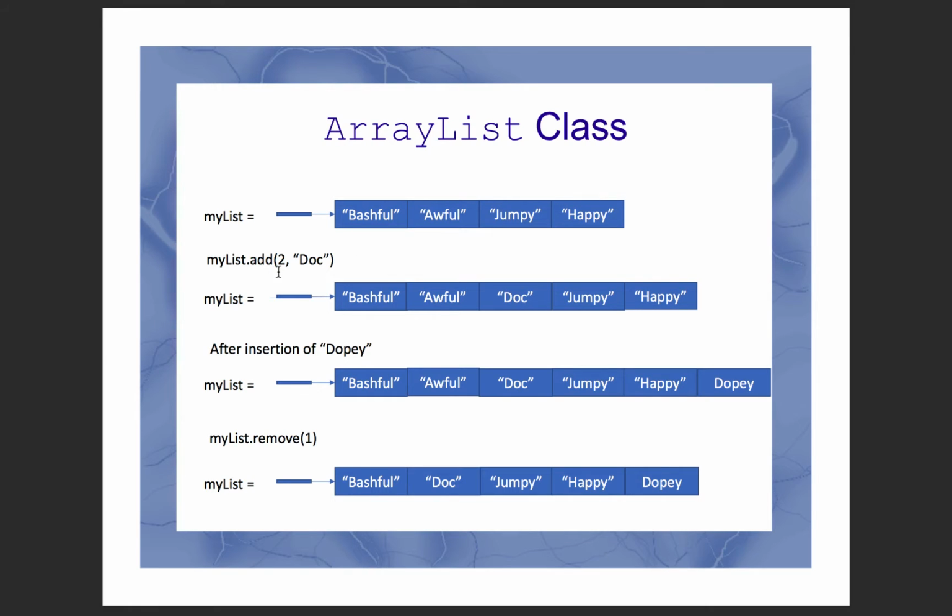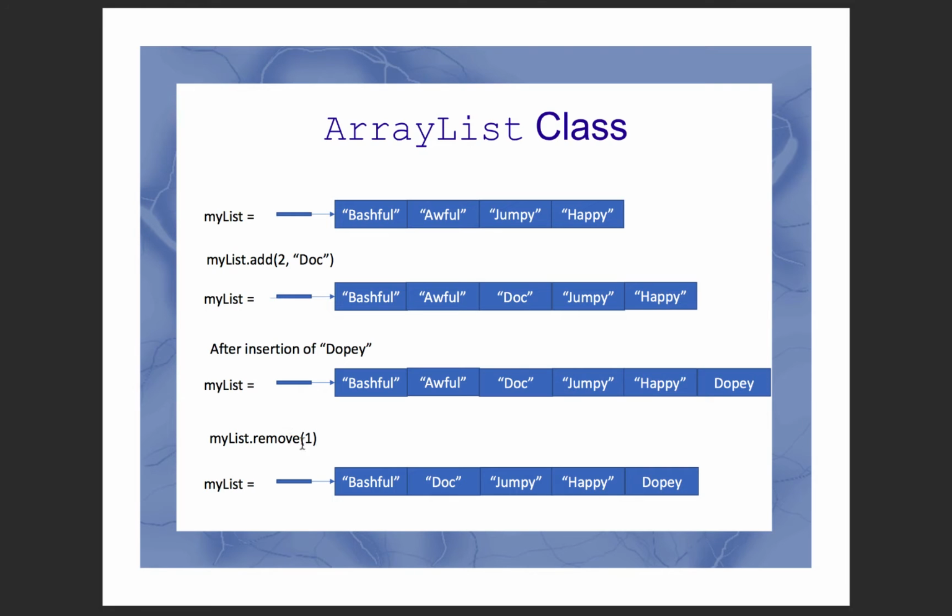Then if you want to add something, say dock at index 2, that basically inserts dock at this position. This is index 2, 0 1 2, so it inserts dock and shifts the other two to the right side. If you want to insert dopey and you didn't give any index, then dopey will be inserted at the end of the array.